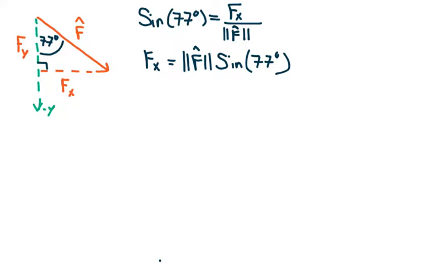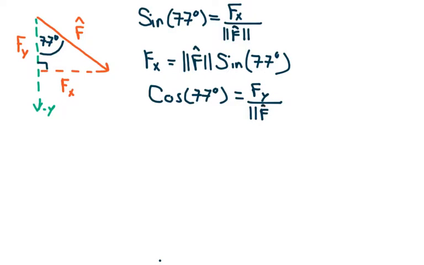Okay. Now we'll do the same thing for the y component, even though we may not even need it. We may, who knows. So we'll solve using the cosine function. So cosine of 77 degrees is equal to the adjacent side, so Fy in this case, divided by the magnitude of the hypotenuse, so the magnitude of the force that we're pushing this shopping cart with.